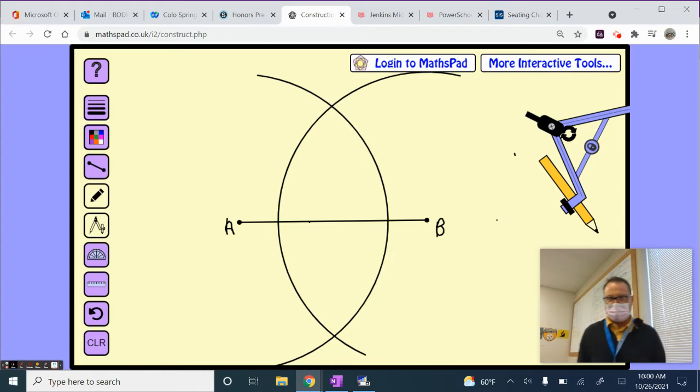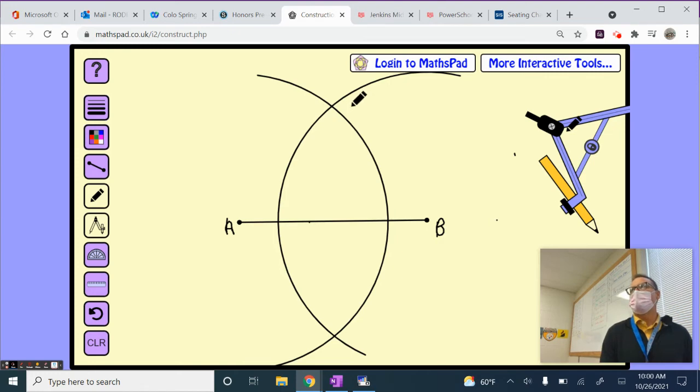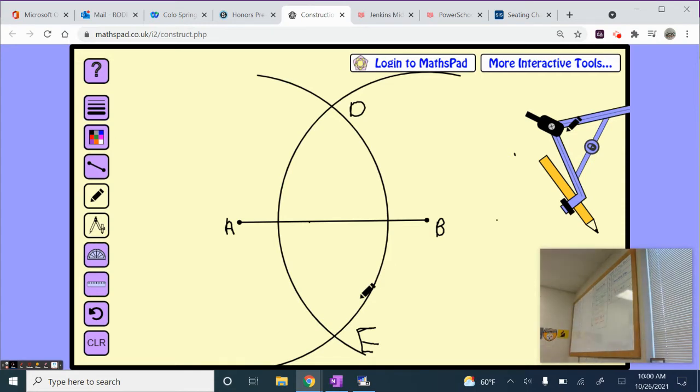So just for the sake of this, let's label these two intersecting arcs here. So this arc right here, let's call this D. And let's call this intersecting arc down here E. Now remember, our job is to figure out how to get a perpendicular bisector. Now here's the easy part.